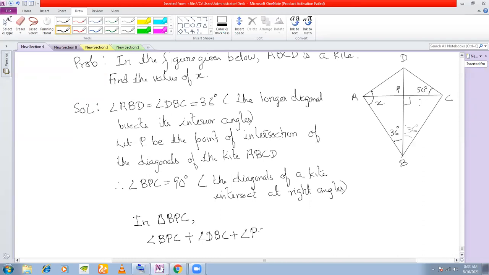It's not BCD, it's BCA or BCP. Check in the figure. It should be PBC. Whether you write DBC or PBC, it's the same thing. You are referring to the same angle.